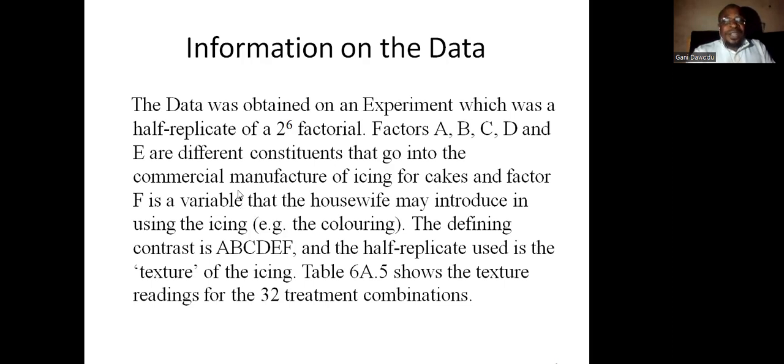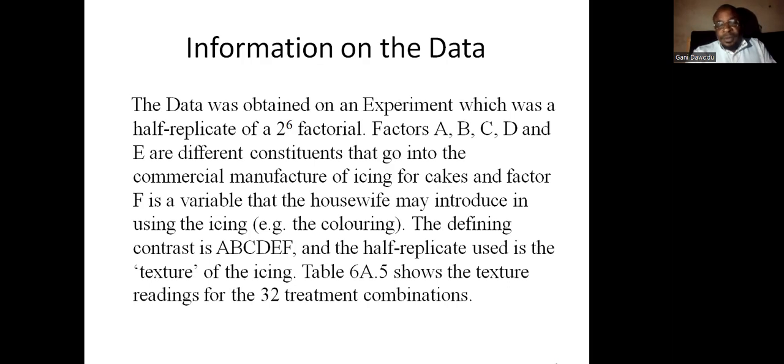An example of such a factor is the coloring that you mix up with the icing before you spray it on the cake. The defining contrast as such is A, B, C, D, E, F. 6 alphabets. So it's customary to use capital letters to denote factors. And the response used is the texture of the icing. Well, that is contained in the table of the data.